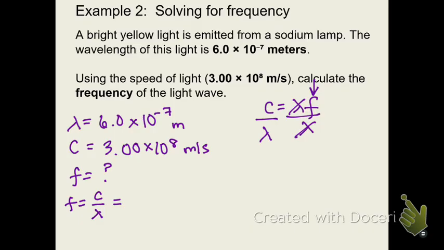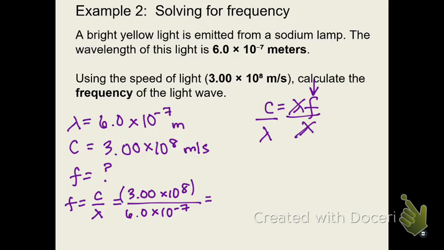We can plug in those numbers where C is 3.00 times 10 to the 8th. My wavelength is 6.0 times 10 to the negative 7th.